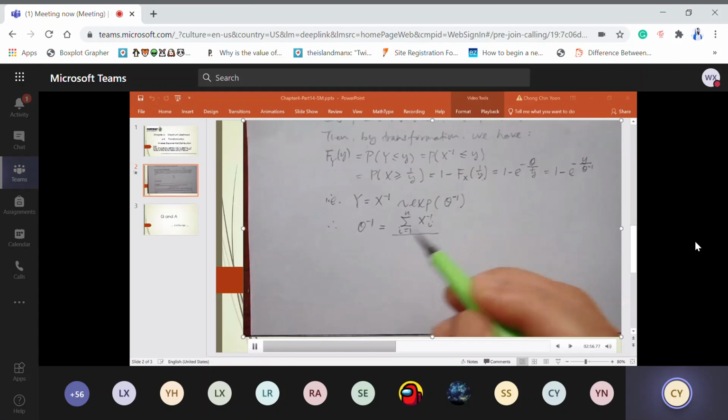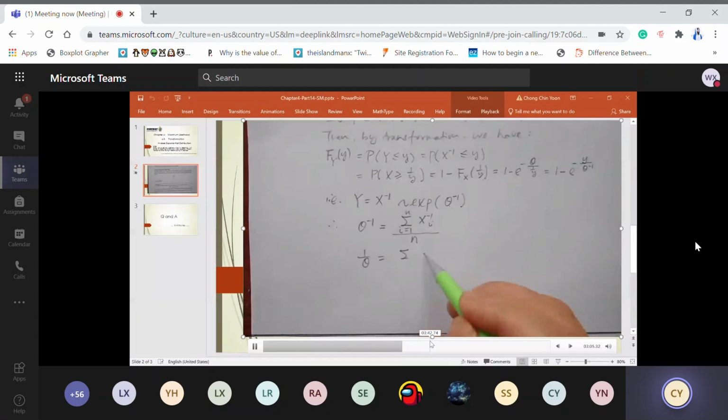And if we rearrange this, we will have 1 over theta equal to the summation of 1 over xi, where i is from 1 to n, divided by n. So therefore, theta is equal to n divided by the summation of 1 over xi, where i goes from 1 to n. And this is our estimate of the parameter under MLE.